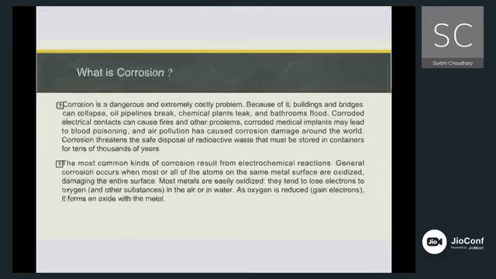Because of corrosion, buildings and bridges can collapse, oil pipelines can break, bathrooms can flood, and chemical plants can leak. Corroded electrical contacts can cause fires and other problems. Corroded medical implants may lead to blood poisoning, and air pollution is also caused by it. Corrosion also poses a vast threat to radioactive materials.